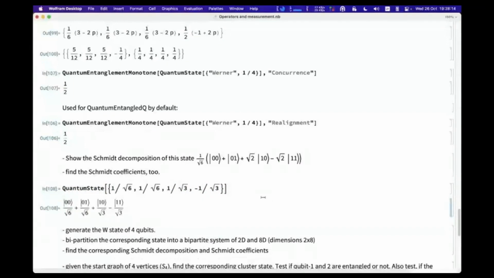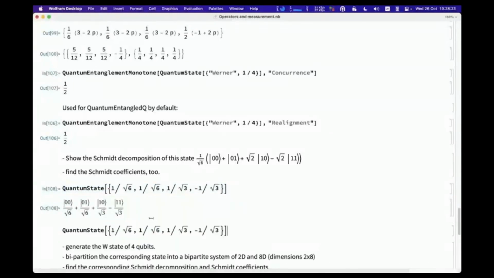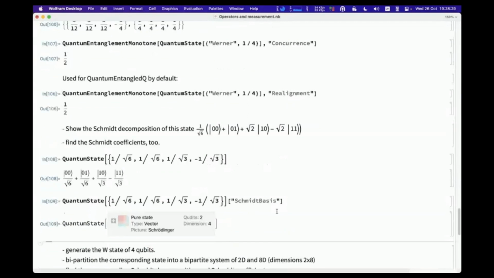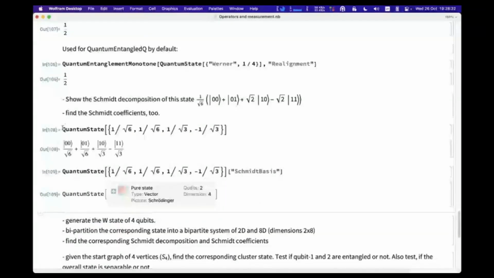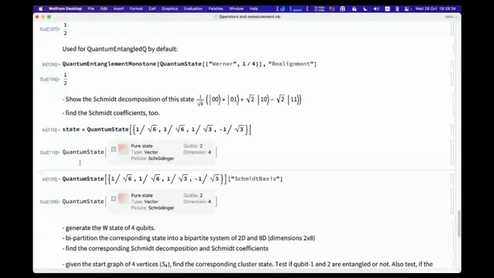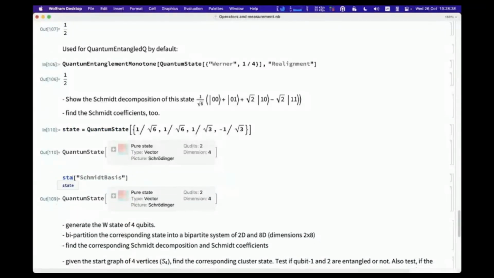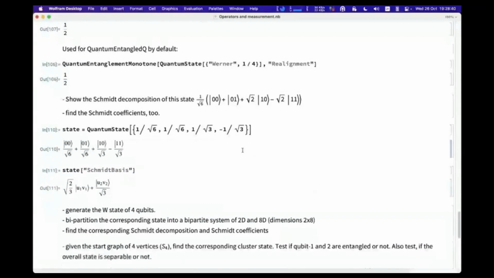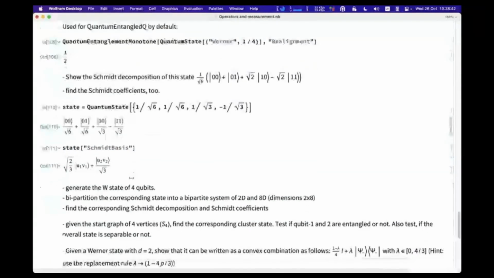As you can see, it's not in the form of a Schmidt decomposition. So let's ask for the Schmidt decomposition, which is the Schmidt basis. Basically, we are just changing the basis. Remember, a Schmidt decomposition is nothing but a change of basis. Let's look at the formulas so people can see them. Now you see it's 1 and 1, and then 2 and 2.